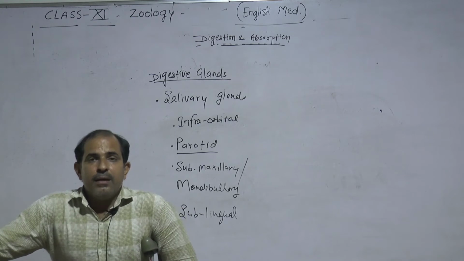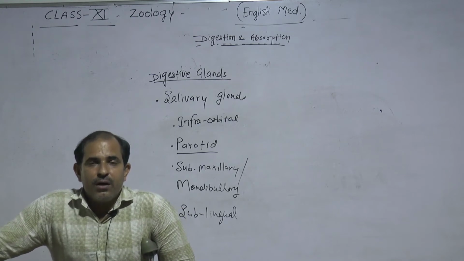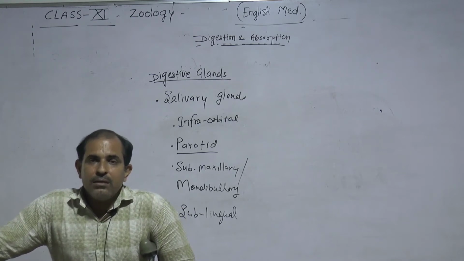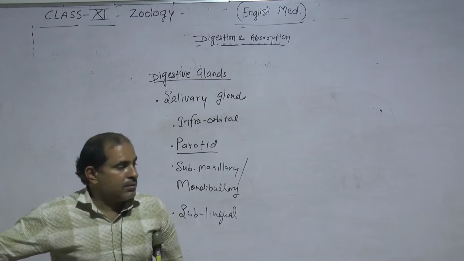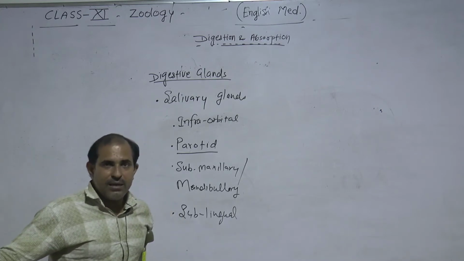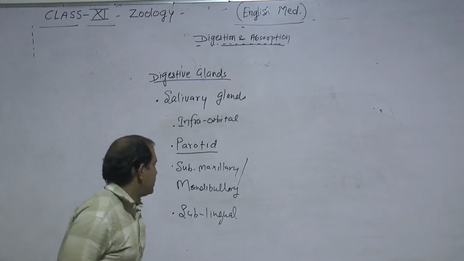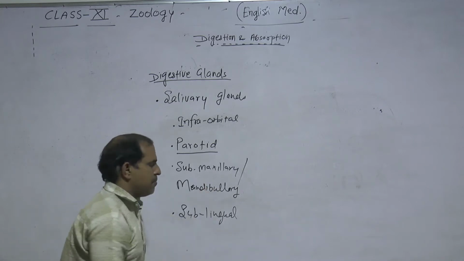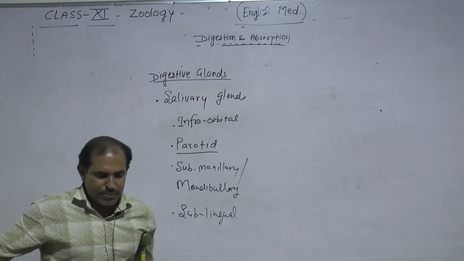In humans, infraorbital glands are absent, and the parotid glands are present, which are the largest salivary glands.